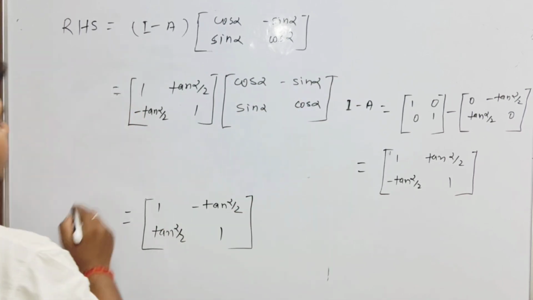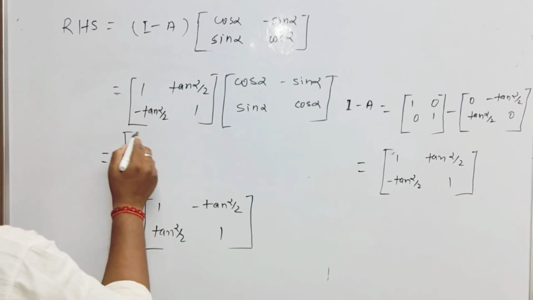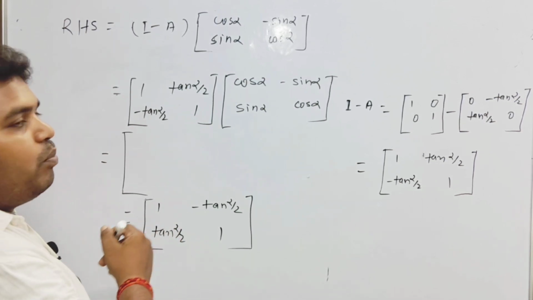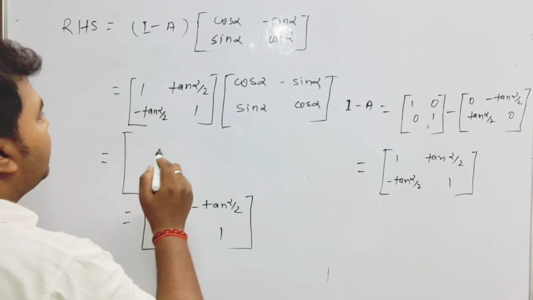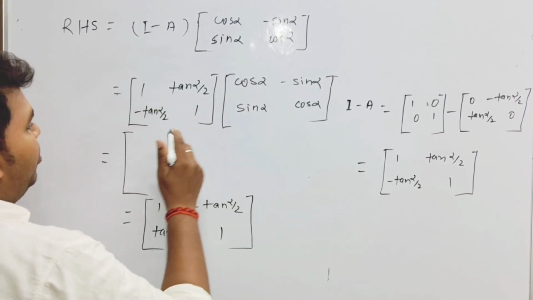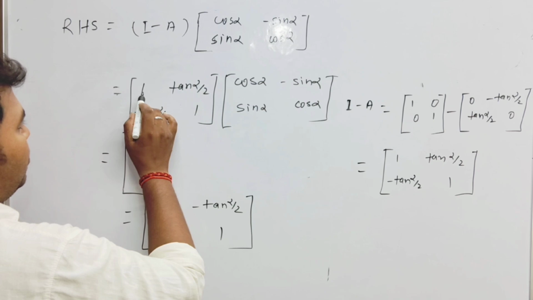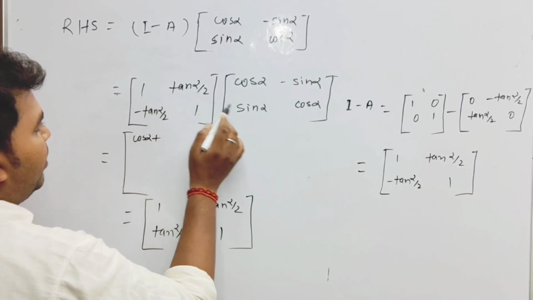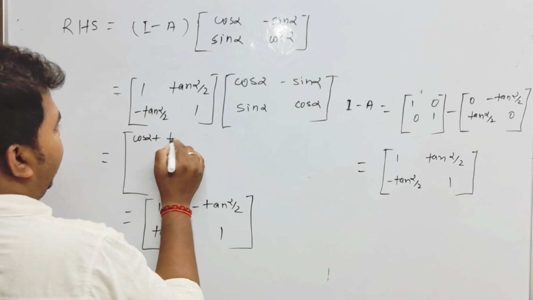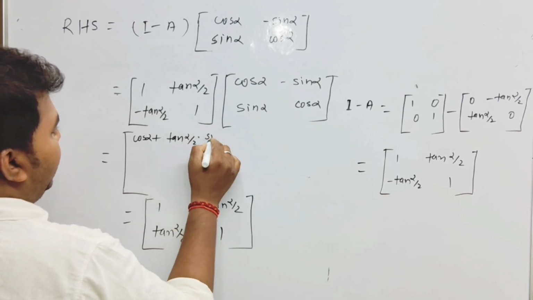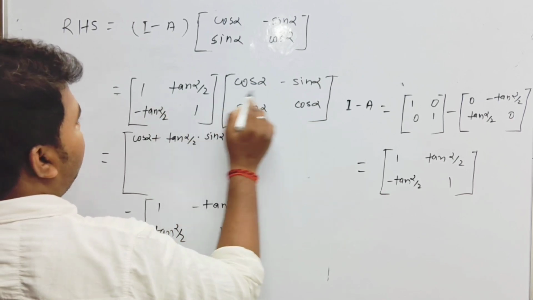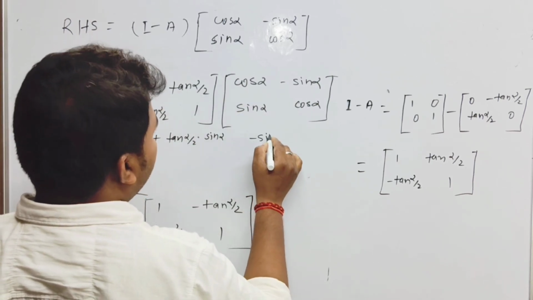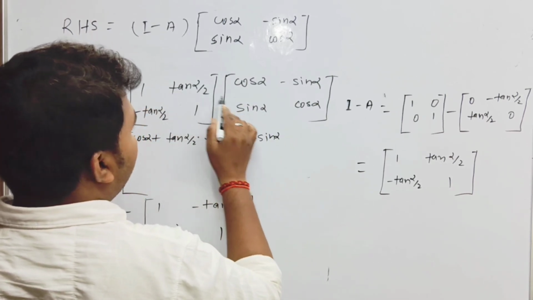Next we have to multiply. We are doing the multiplication of two matrices. That means first row multiplied by first column: 1 into cos alpha plus tan(alpha/2) into sin alpha. Then first row by second column: 1 into minus sin alpha plus tan(alpha/2) into cos alpha.